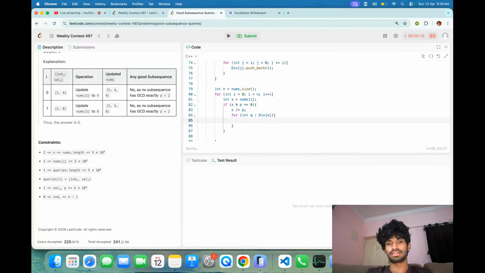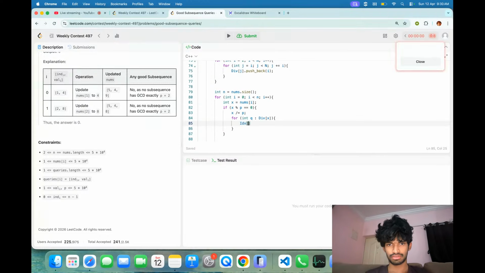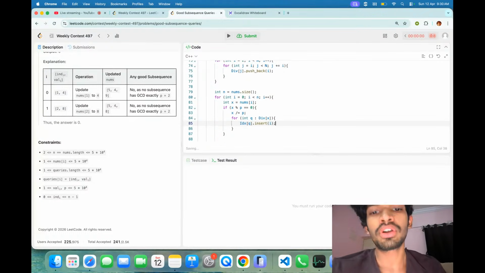All of this divide this thing. And if all of them divide that thing, we have to increase their count, we have to insert this. I'm inserting i because that divides that.